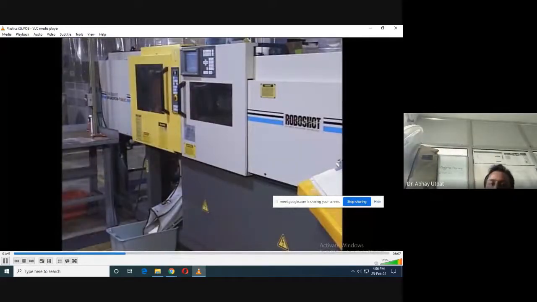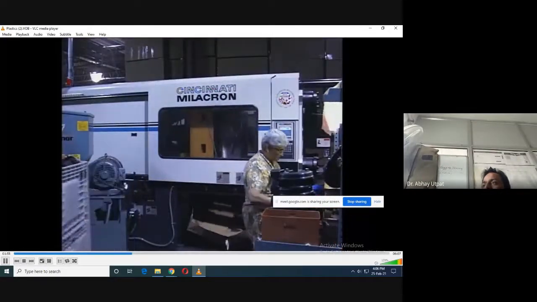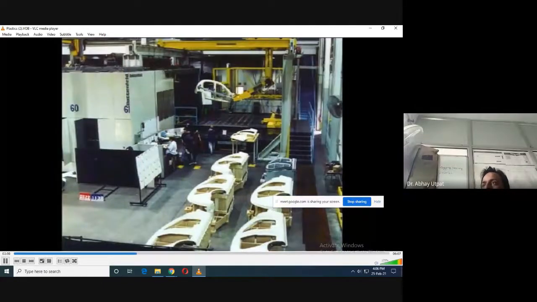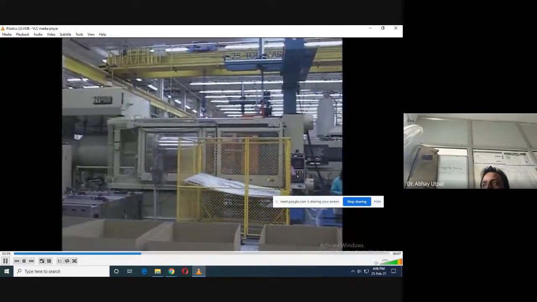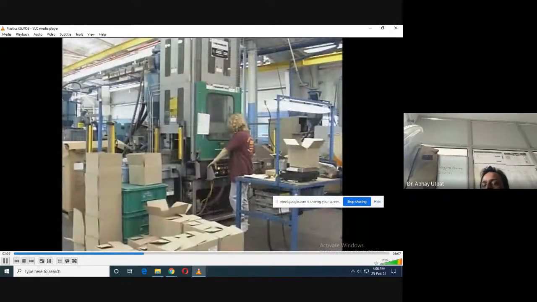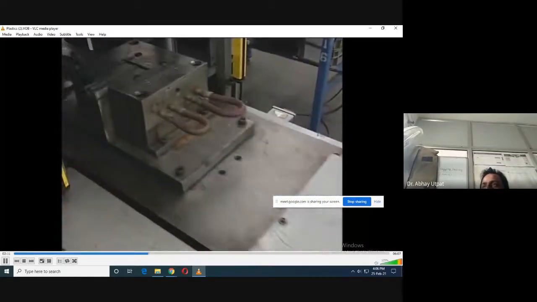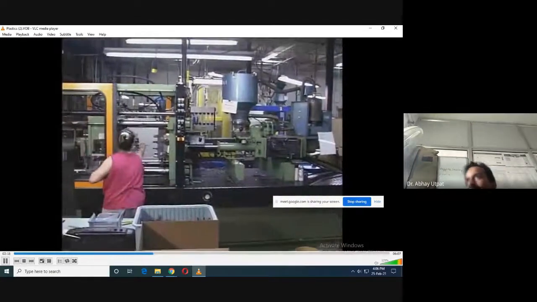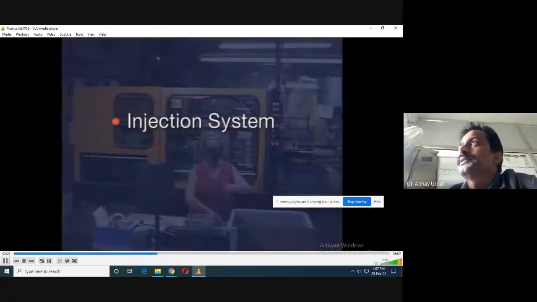How beautifully workstations are arranged. Sometimes we need to remove it manually.